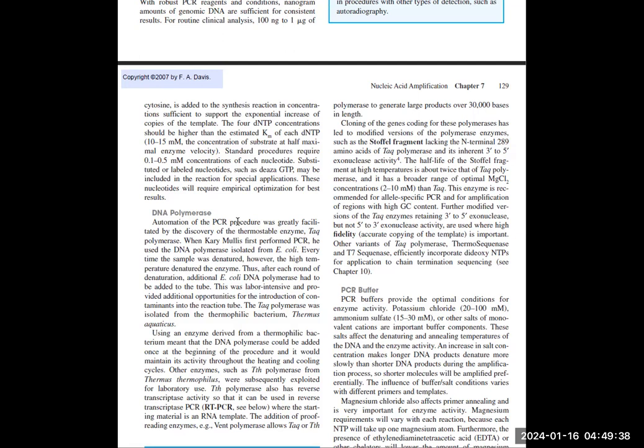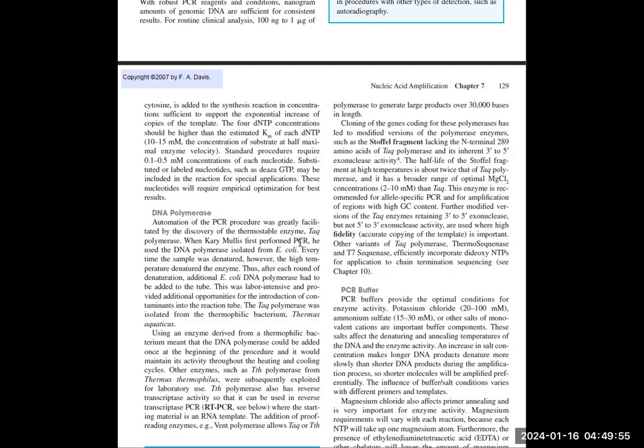Okay? So when Kary Mullis first performed PCR, sadly, he hadn't discovered Thermus aquaticus yet. So he used E. coli.